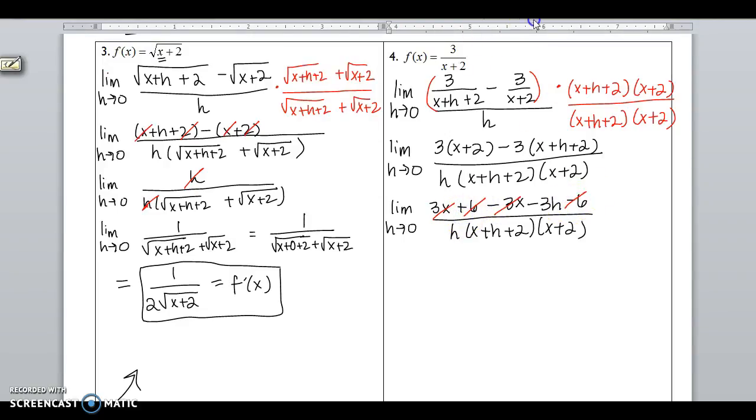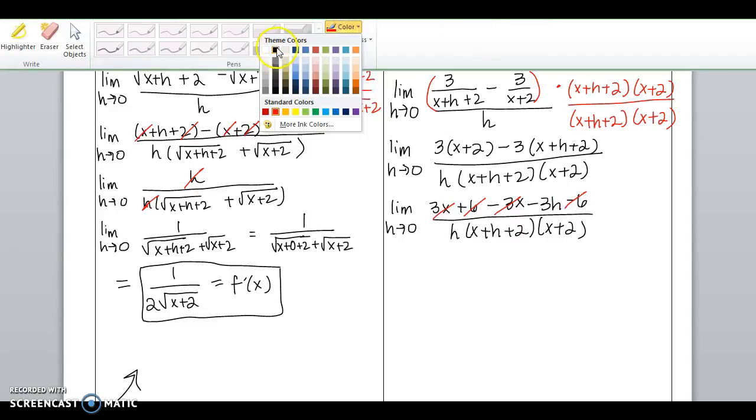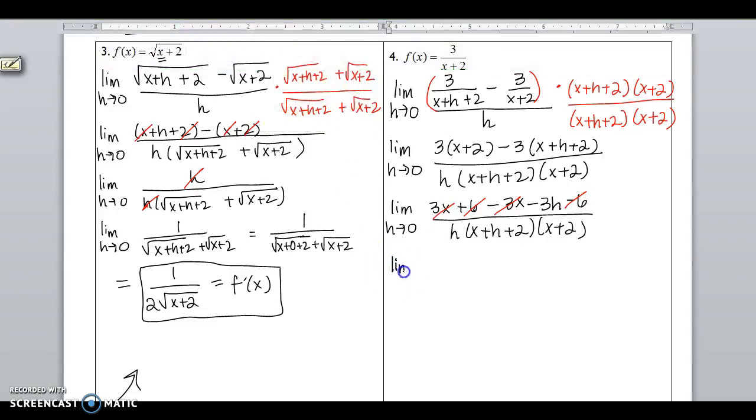Again, notice the only thing that's left has an h in it. So limit as h approaches 0, minus 3h over h times x plus h plus 2 times x plus 2. So the h's cancel, and then we can plug in 0 for h.